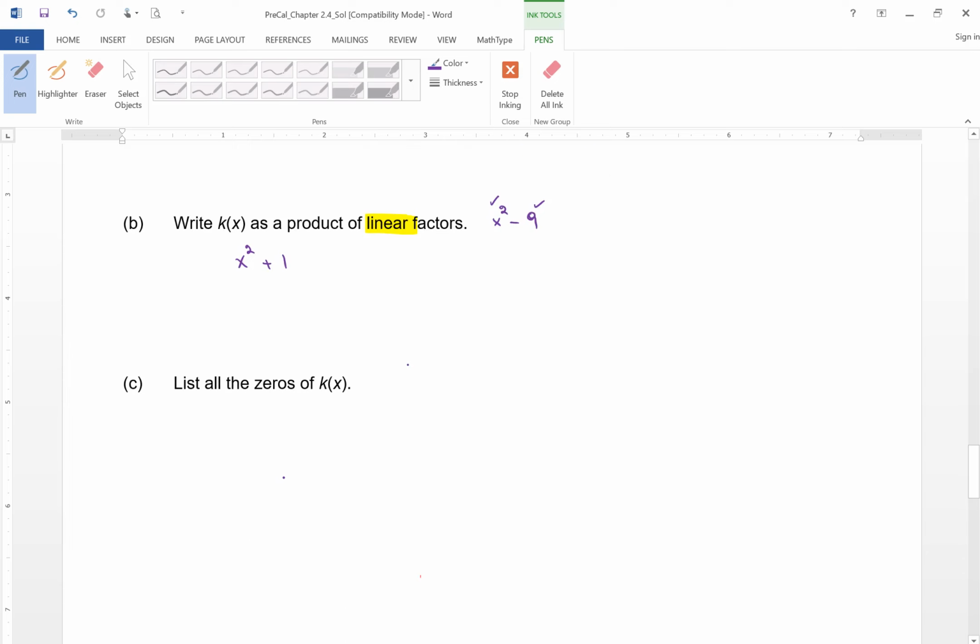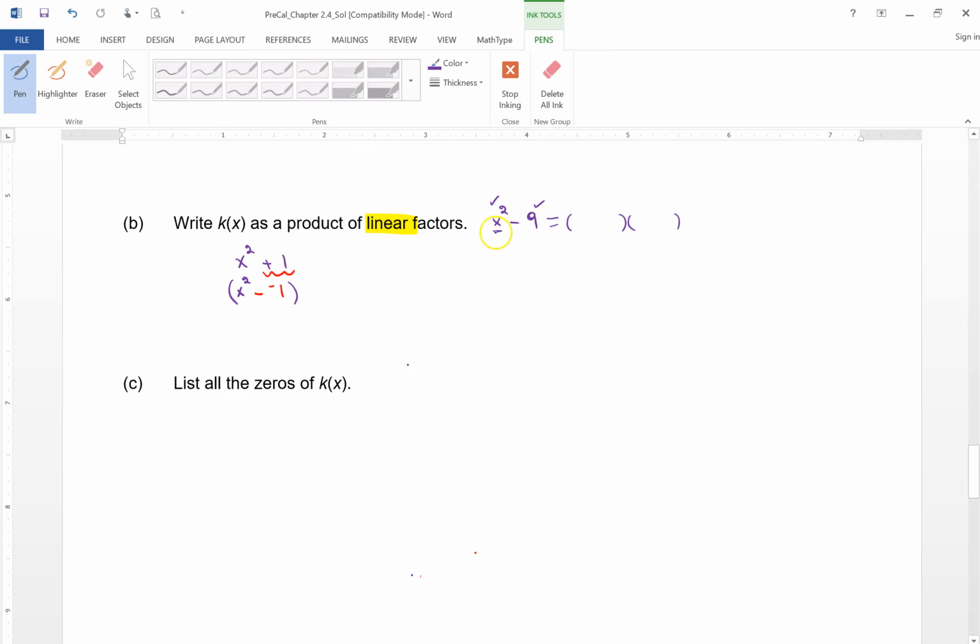However, I could change that. So instead of x squared plus 1, could I maybe write the plus 1 as minus minus 1? Could I do that? Why not? Of course I can. So now, when I had something like this, how would I factor that?